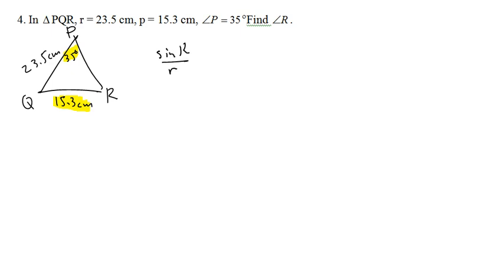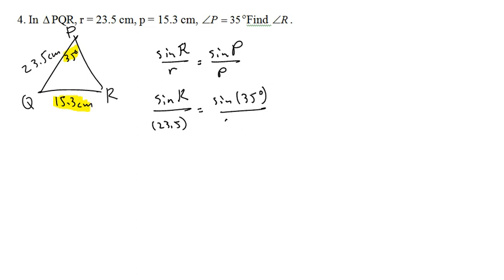So we get sine R over little r equals sine P over little p. So I get sine R over 23.5 equals sine 35 degrees all over 15.3.